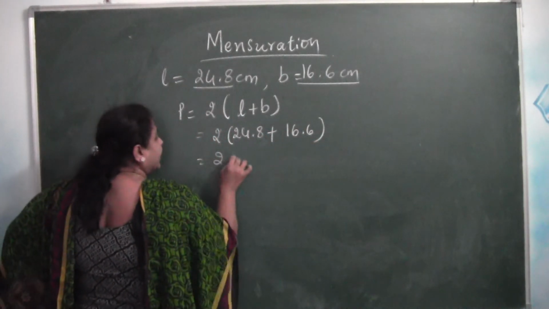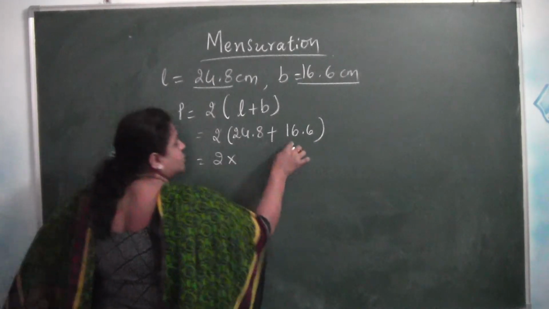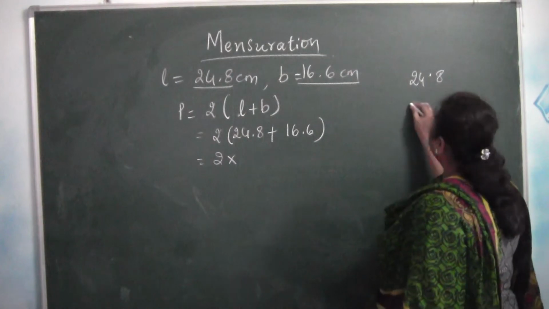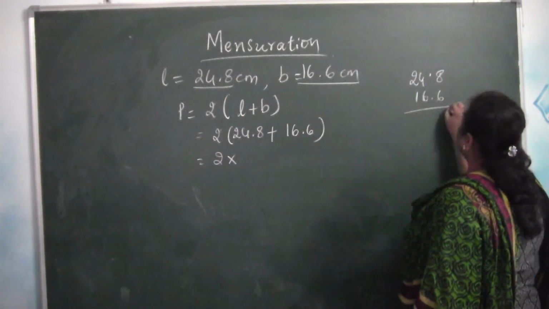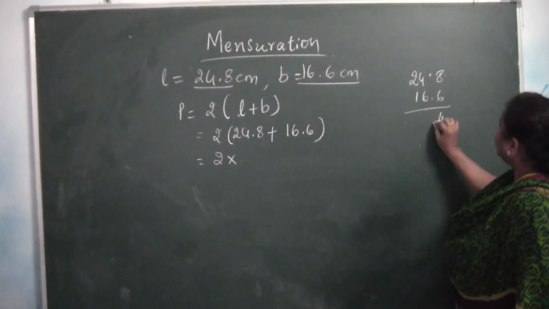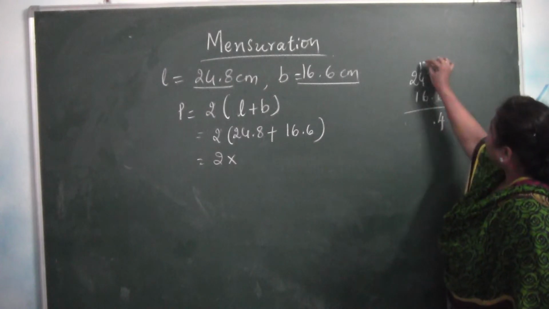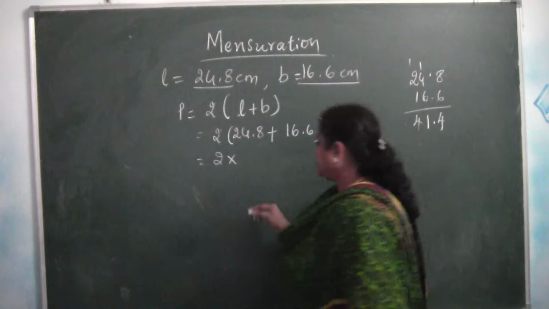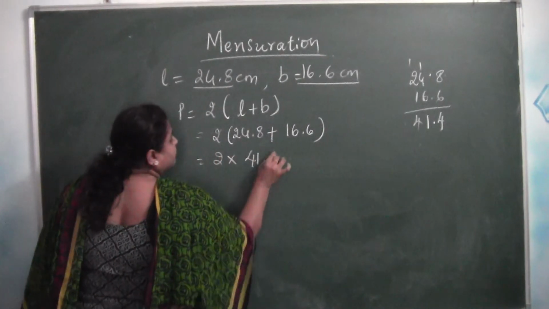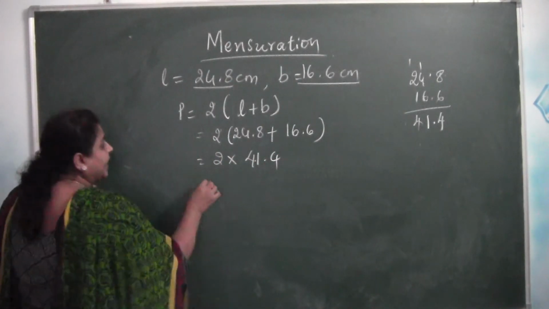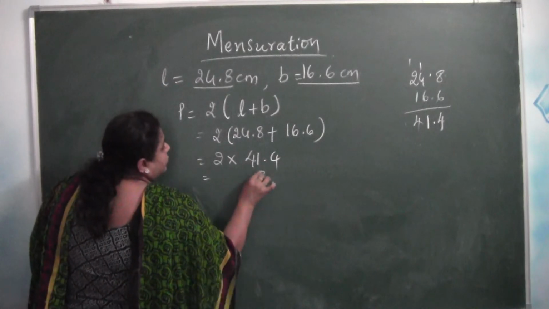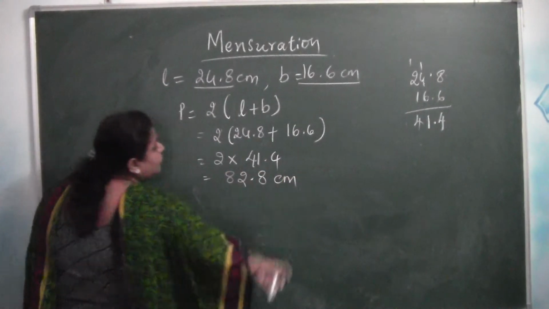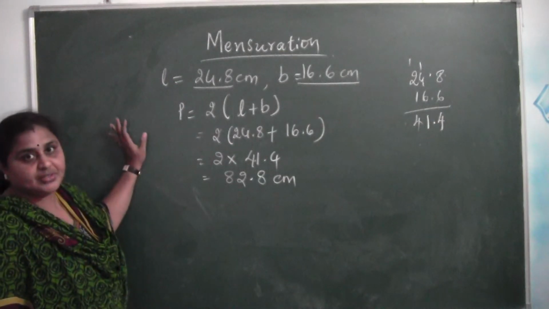Now let us add these two: 24.8 and 16.6. 8 plus 6, 14. 6 plus 4, 10, 11. 41.4. So 2 into 41.4, that is 82.8 centimeters.